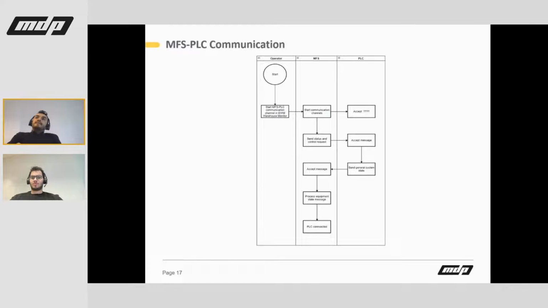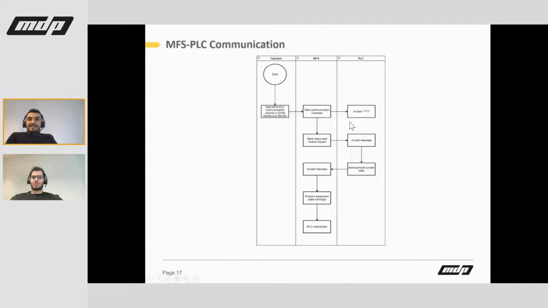But here we can see a basic flow of MFS and PLC communication. So just like mentioned before, the communication channels should be defined and started on Warehouse Management Monitor, and then the MFS sends a message to the PLC.